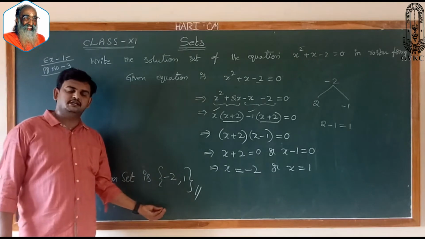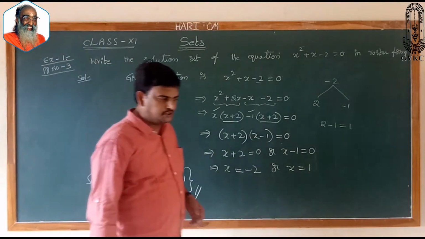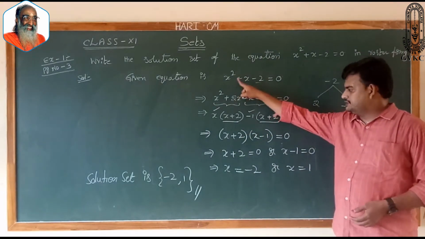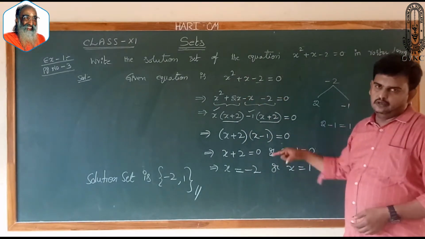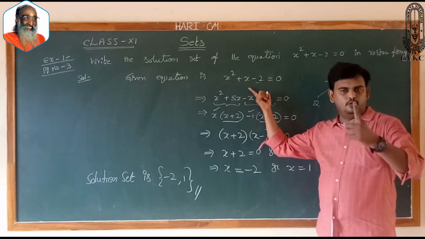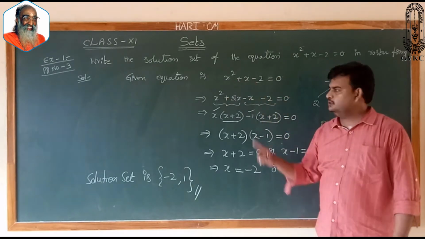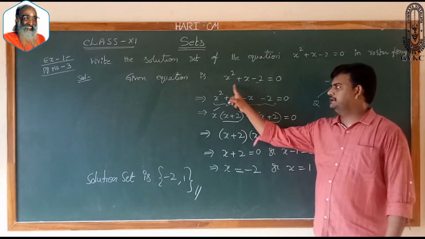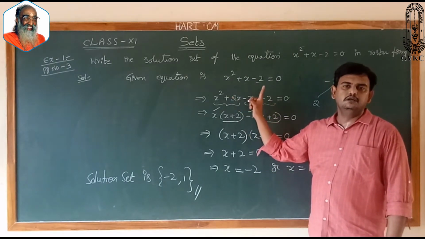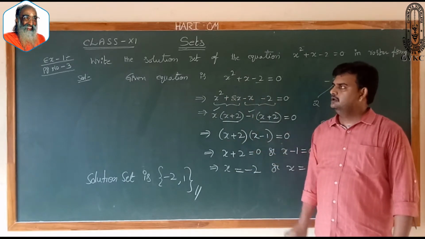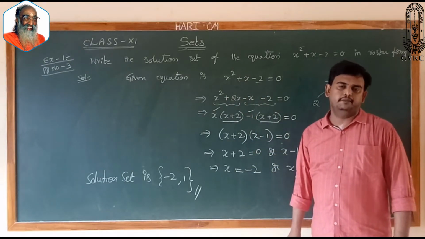This kind of representation is known as roster form or list form. Here we have a quadratic equation, so we have two solutions. If it is a linear equation, we have only one solution. If it is a cubic equation, you have three solutions. So the number of solutions depends on the order or degree of the equation. This is about example number 1.